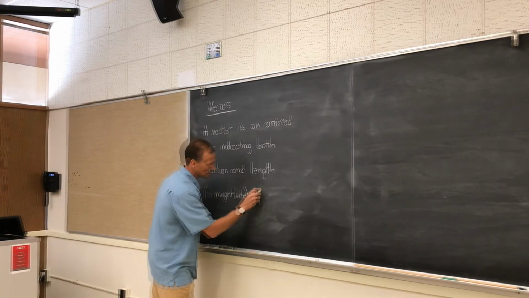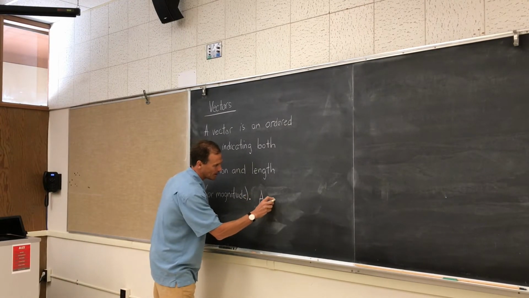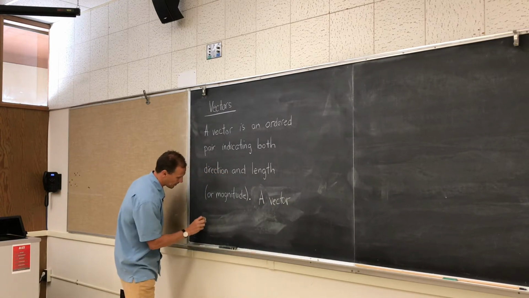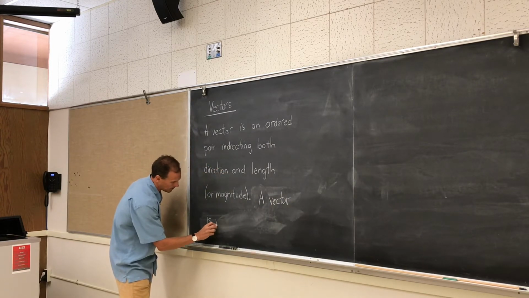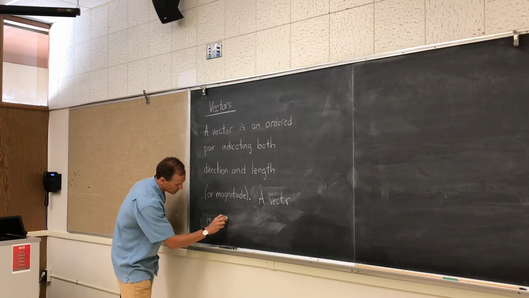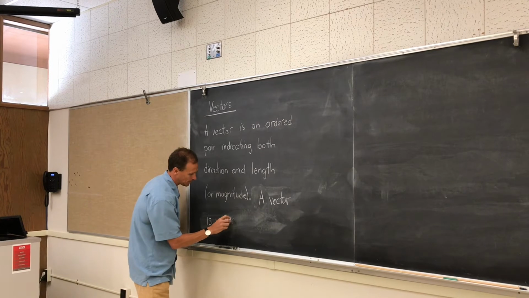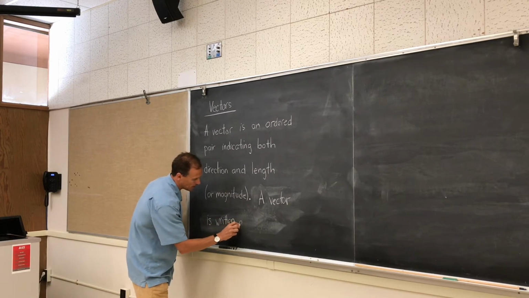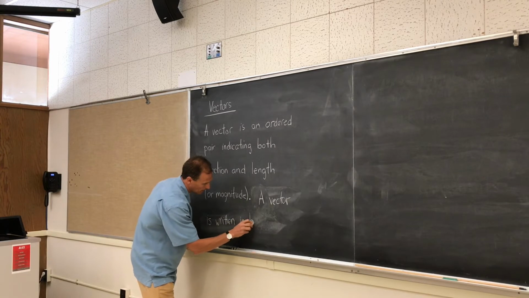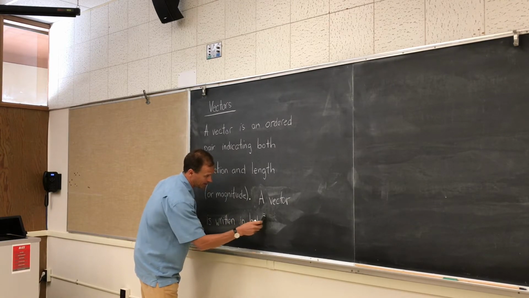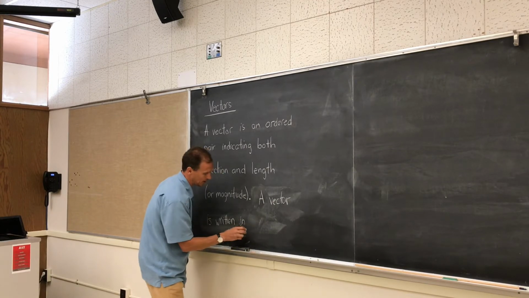A vector is written in boldface, block. Since this is just chalk, I can't do bold, but what I can do is write it in block type.